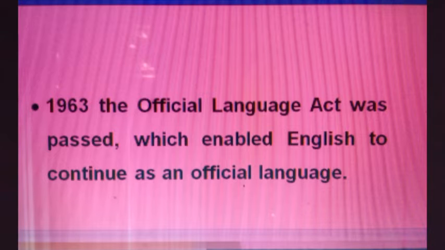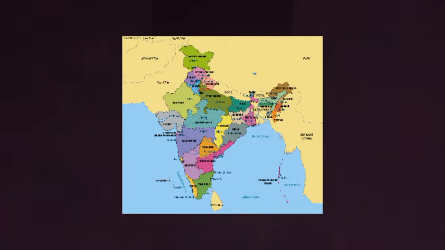In 1963, the Official Language Act was passed, which enabled English to continue as an official language. So these are the main points from the history of English in India.